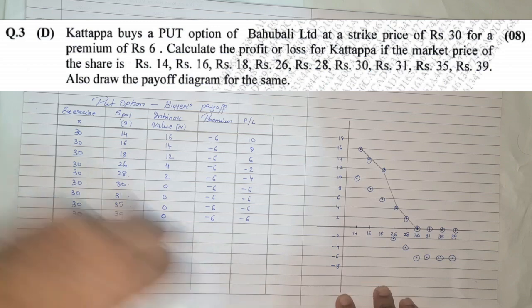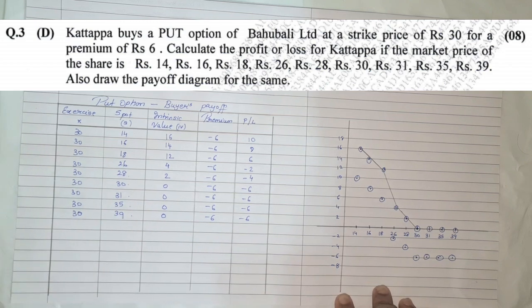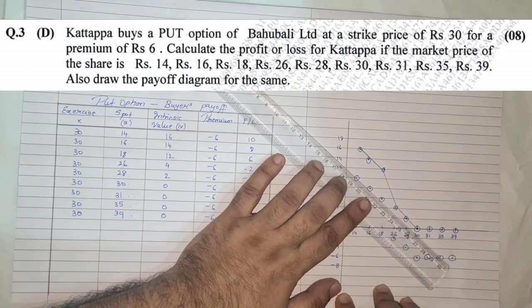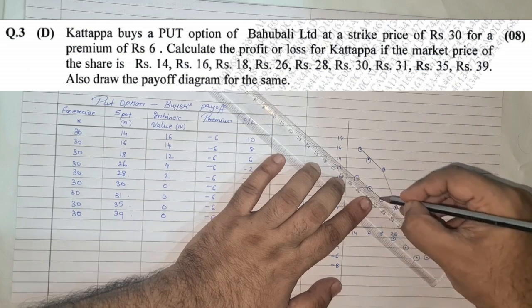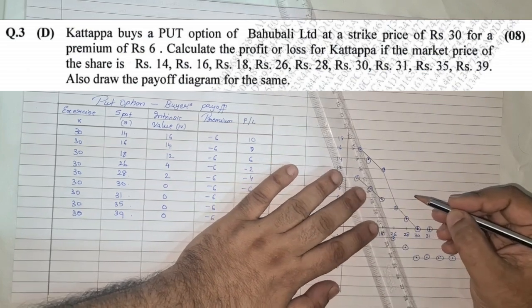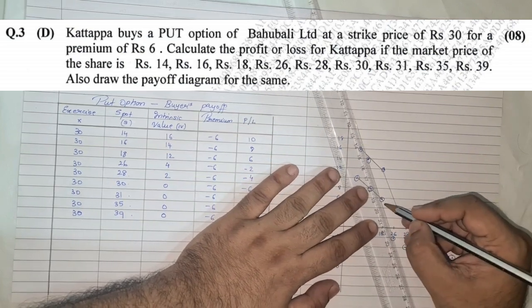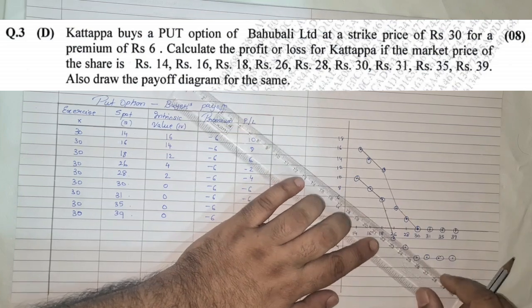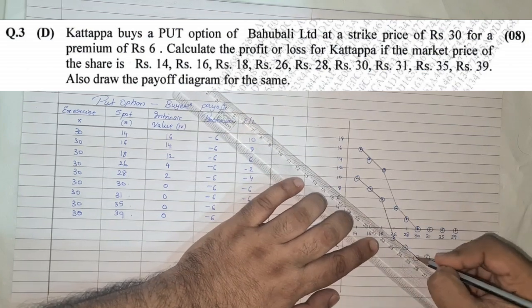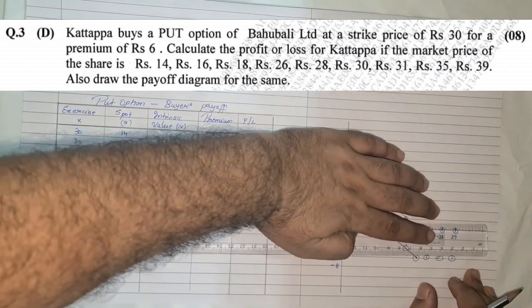Okay, same way we can draw the graph out of it. Thereafter it is constant.